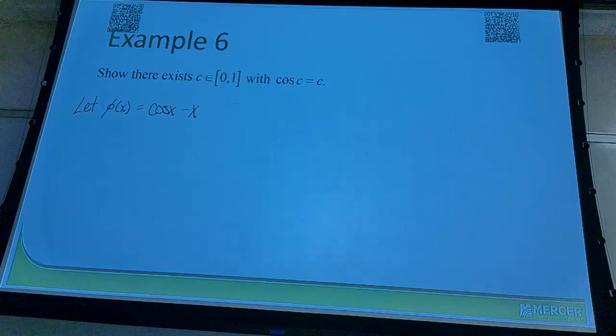So let phi of x be cosine of x minus x. What is that symbol? That's the Greek letter phi, lowercase phi. Wait, does that matter? No, I'm just using phi of x. Maybe my second or third favorite Greek letter.